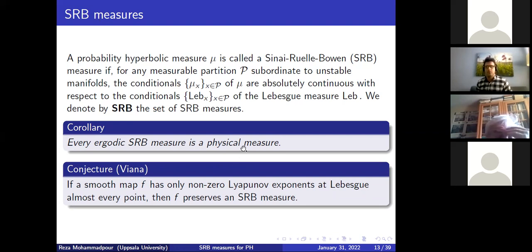Are there any questions or comments? Feel free to ask any question, stop me, correct me if I'm wrong. I have a question. Sure. Here the measure is subordinate to unstable manifolds. If we consider subordinate to stable manifolds, would there be any principal difference? Yes, because by the definition, the SRB measure lives on the unstable manifold.